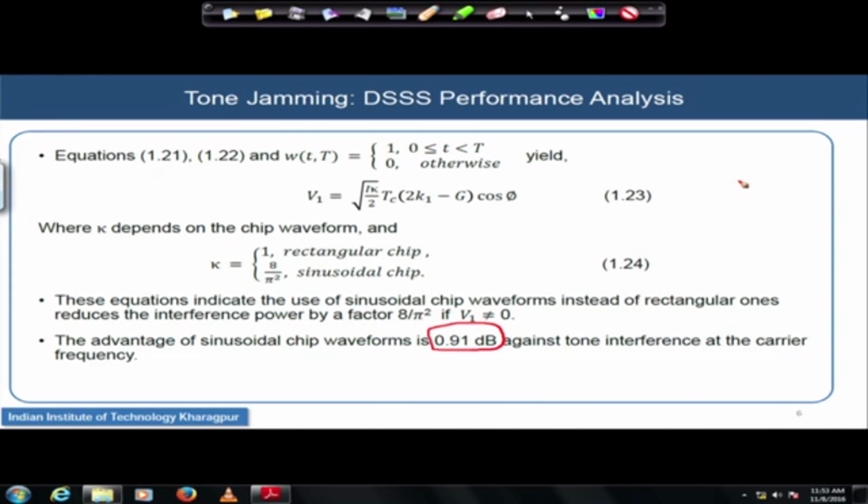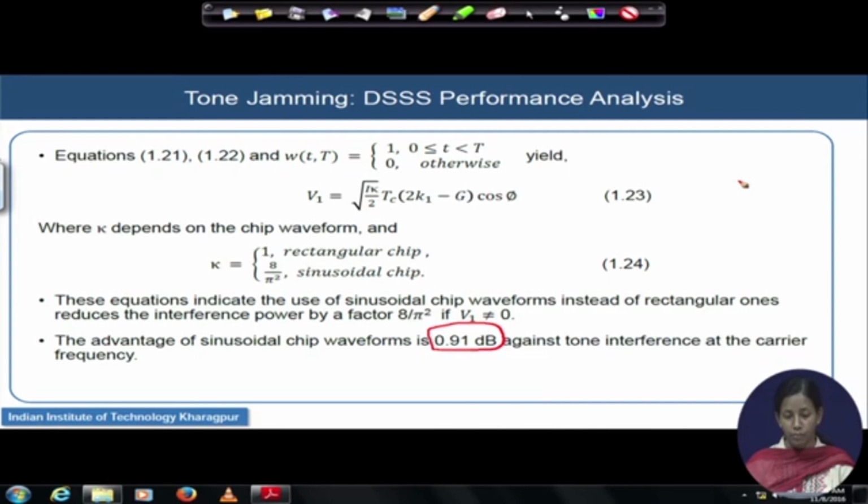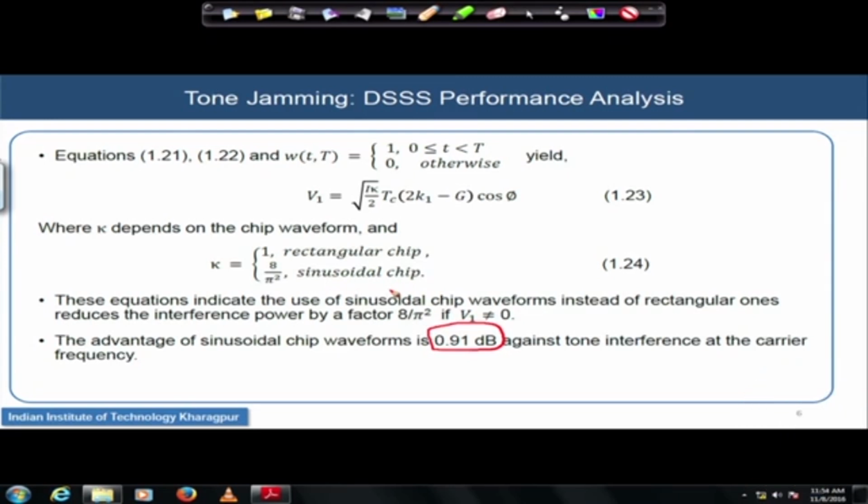So, when you are designing your spreading code, keep this in mind. One is related to the number of plus 1s and minus 1s that should be in the code to minimize the effect of the interference, and also what should be the choice of the pulse shape that you should consider in the code design itself.